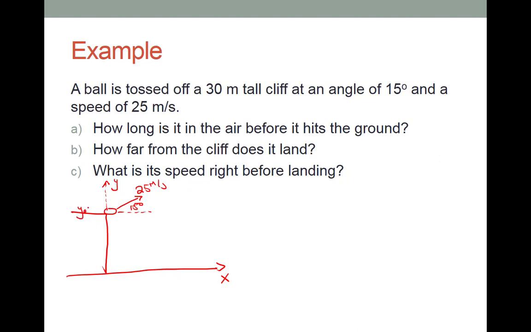The initial height is 30 meters. Let the ground be 0. Let the initial position be 0 in the x direction. And this thing's going to fly through the air and land somewhere over here, which I want to know lots of things about this landing spot.